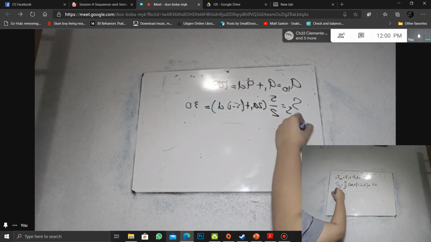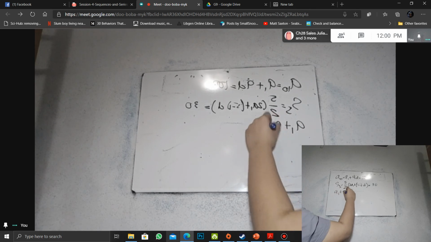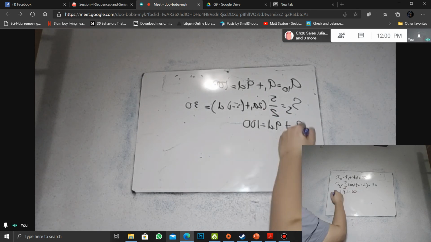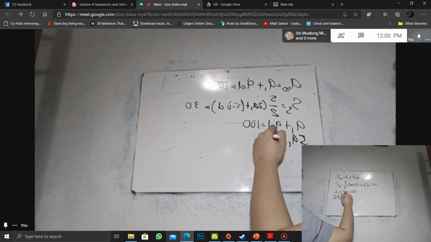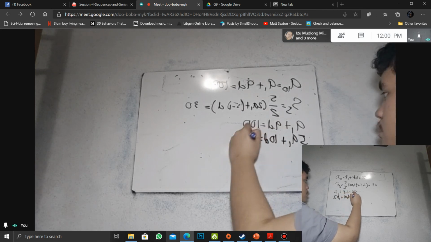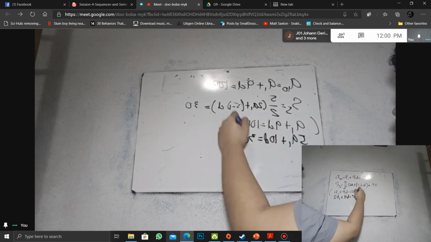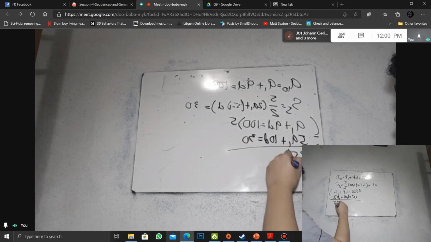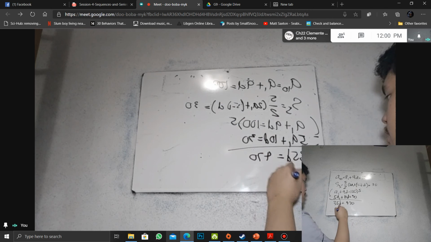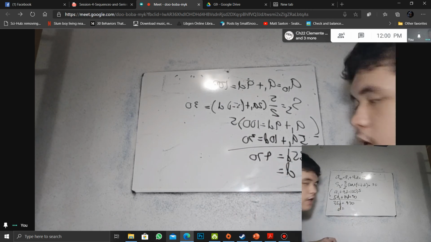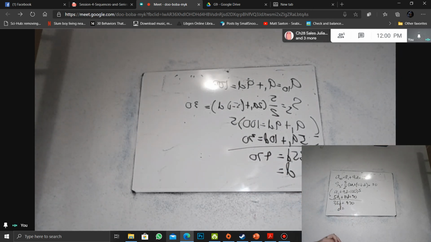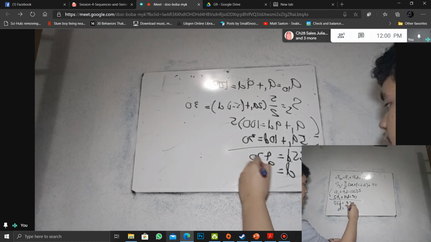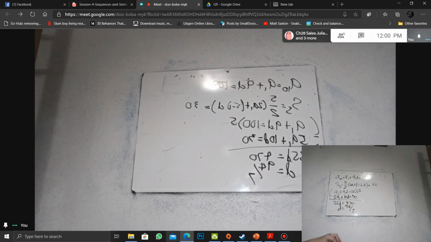Simplifying, 5A sub 1 plus 10D equals 30. So, solve for systems times 5, subtract, 35D equals to 470. D equals to 94 over 7. Pangit, di ba? Okay, yan. Remember this as letter B. A sub 1.